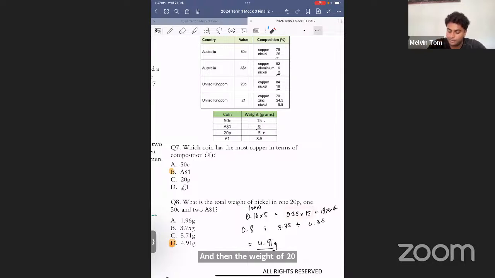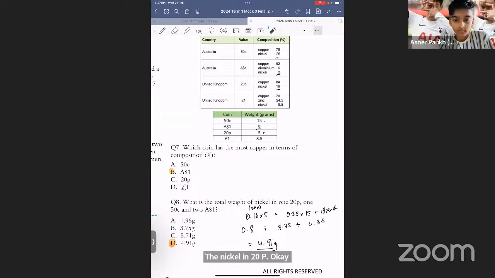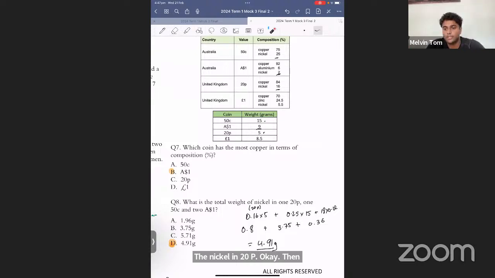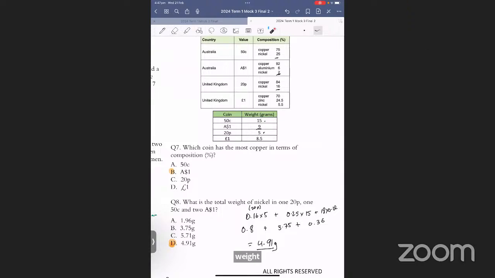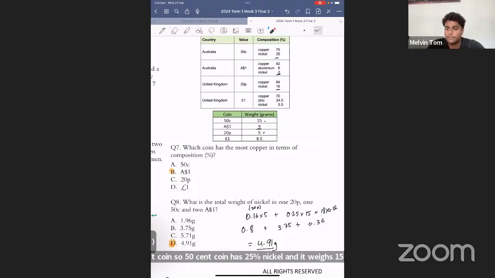And then finally, the two $1 coins. In a $1 coin, the percentage is 2%. Then the weight, Seth, could you stay muted, please? Thanks. All right.